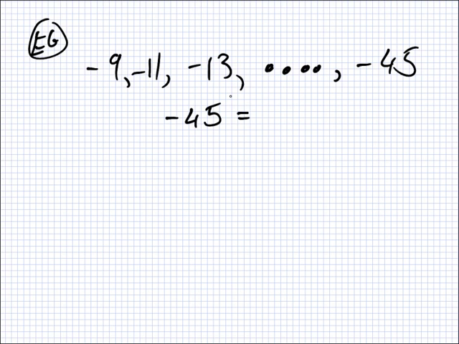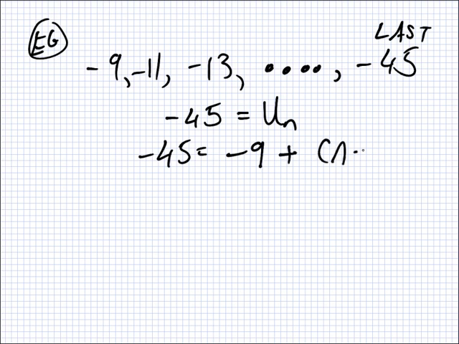Any ideas on how I could figure out how many terms there are? What you do is you make the last term equal to un. And then you can figure out what the n must have been to make the last term. And therefore you know how many terms. So, un, the formula is a plus n minus 1 d. And d here, -2.